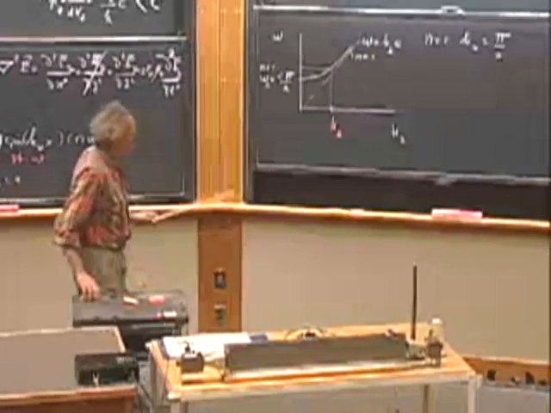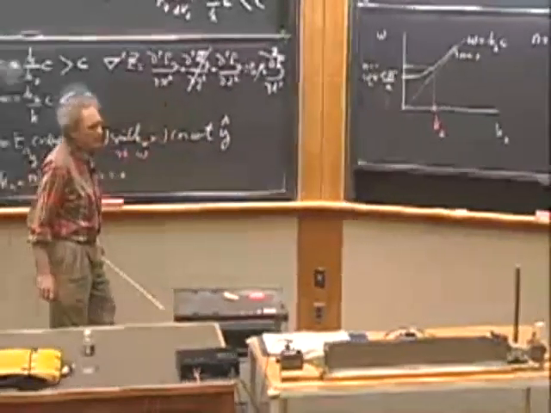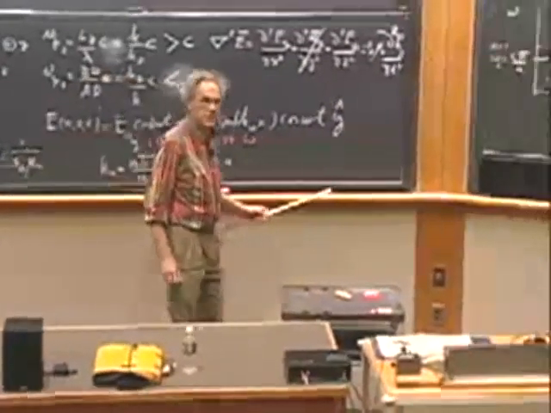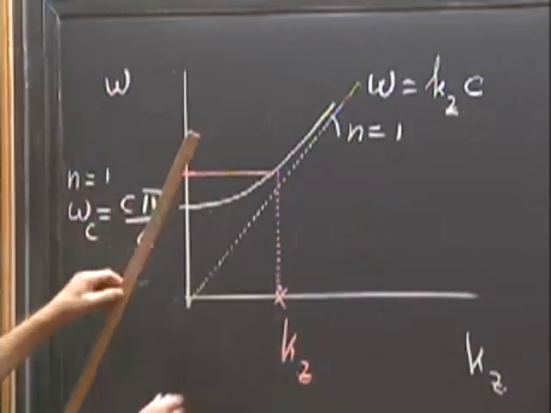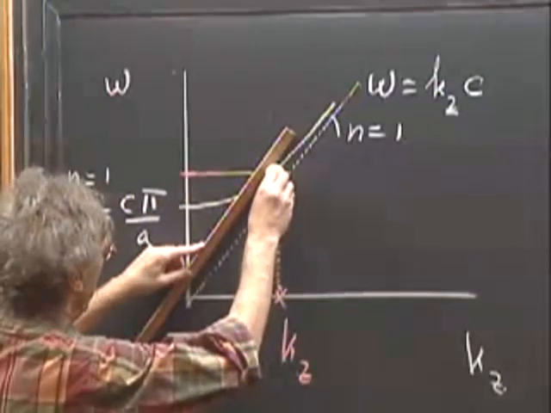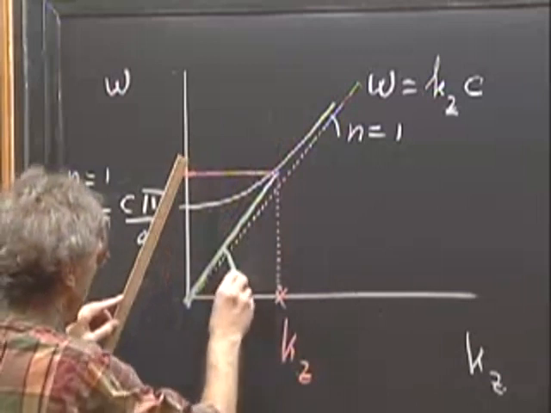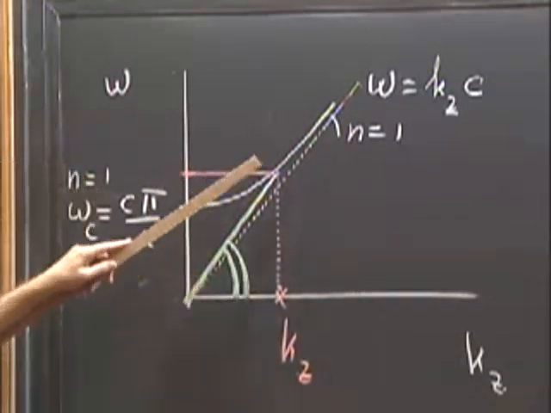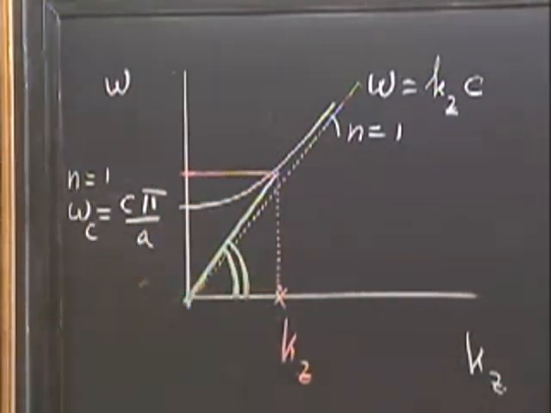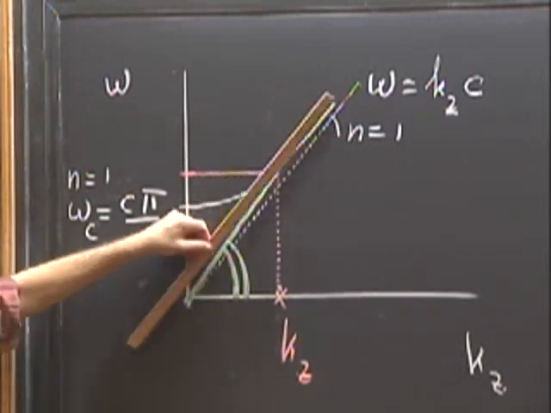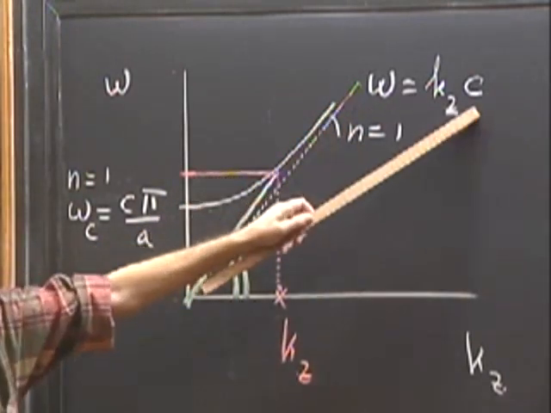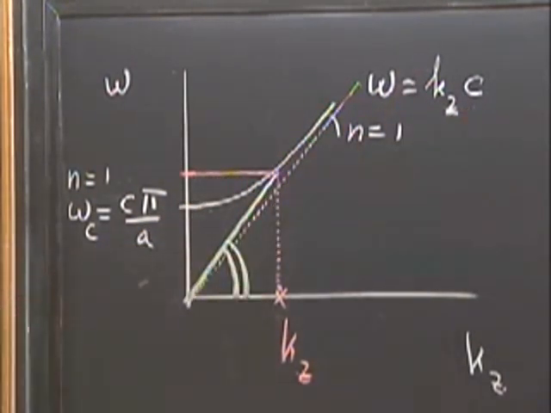You can immediately see here that the phase velocity is larger than c, because the phase velocity is omega divided by kz. And so when I draw this line, then this slope here, omega divided by kz, is larger than this slope, which corresponds to the speed c.